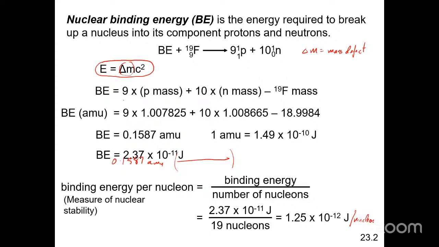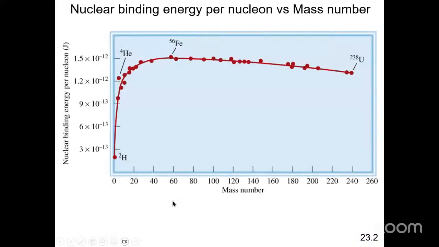All right? So that number is the actual measure that we look at to predict how stable a particular nucleus is, right? And researchers have looked at these values for different nuclei, and this is a plot they came up with when they plot the nuclear binding energy per nucleon versus the mass number.